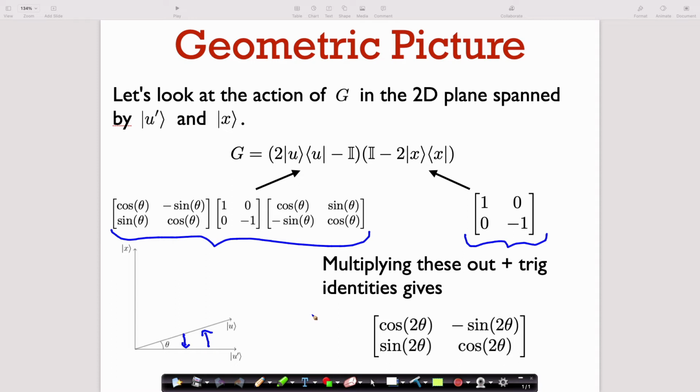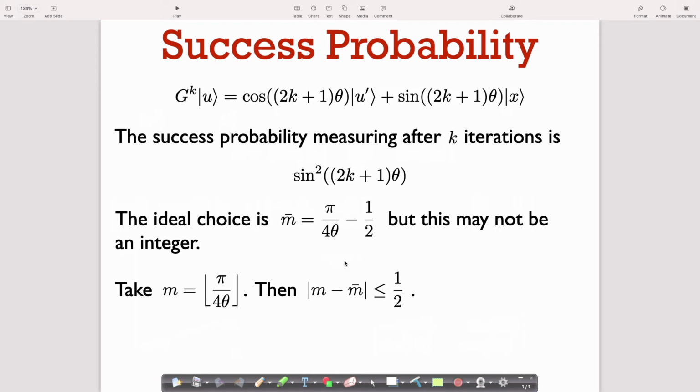Okay, so that tells us that the general action of the Grover iterate is to rotate a state counterclockwise by the angle of 2 theta. Okay, so now we can start to analyze the success probability of Grover's algorithm.